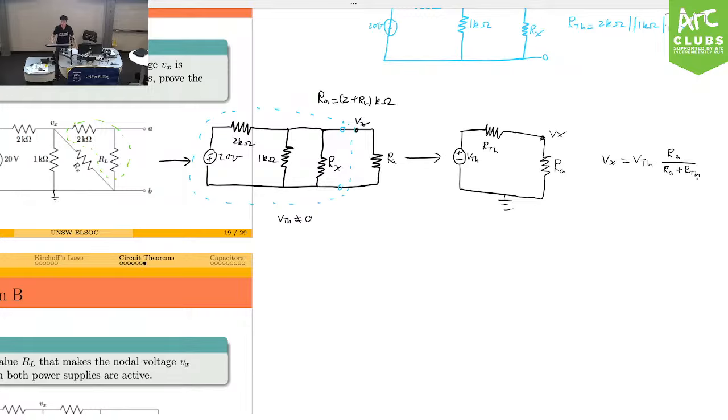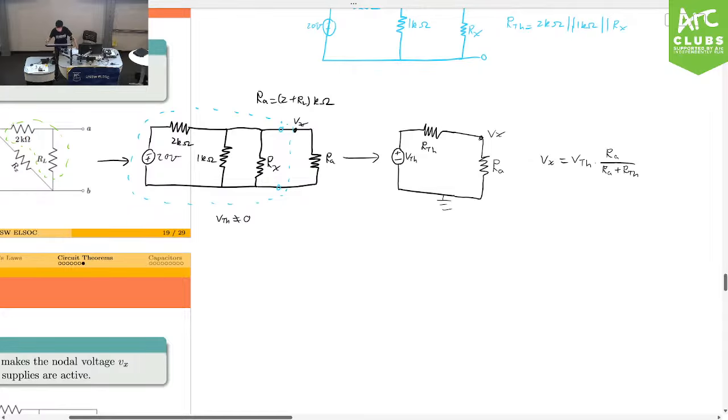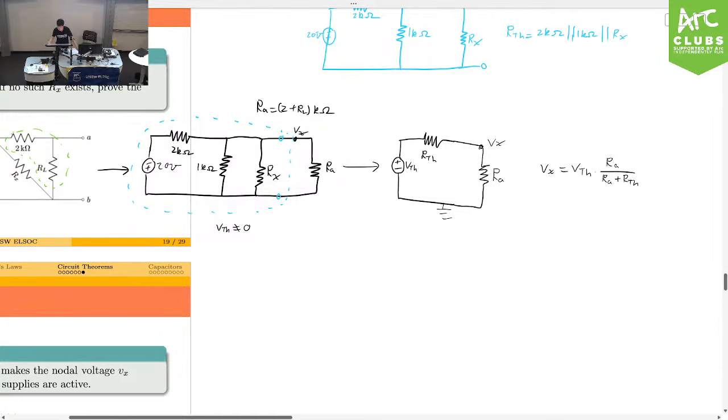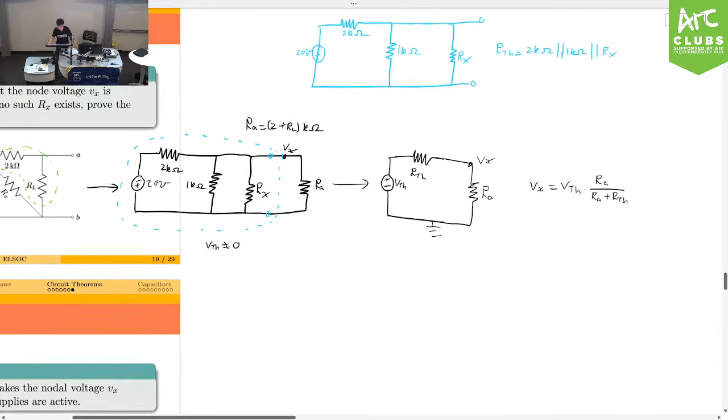That's going to be our Vx over here. Okay, so we're allowed to change Ra, right? We're allowed to change RTH, but we want to make sure that after we set up RTH, no matter how we change Ra, Vx stays the same.